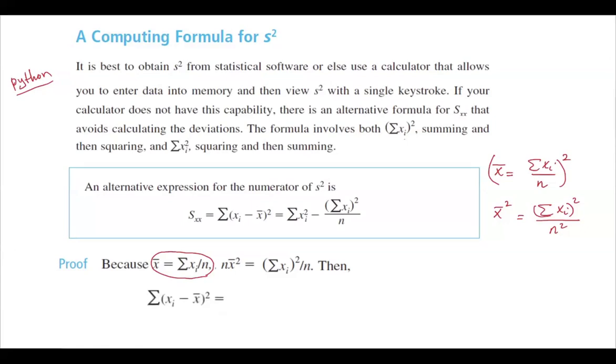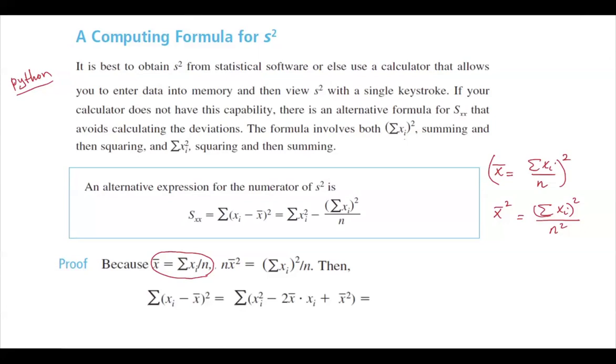Now, the summation of xi minus x bar to the second is equal to the summation of xi to the second minus 2 x bar times xi plus x bar to the second power. What is this? This is nothing but algebra.